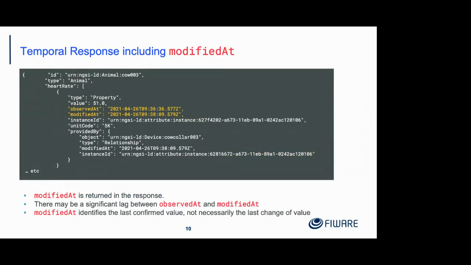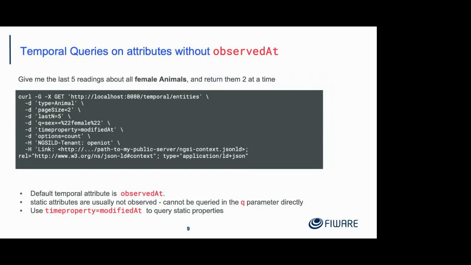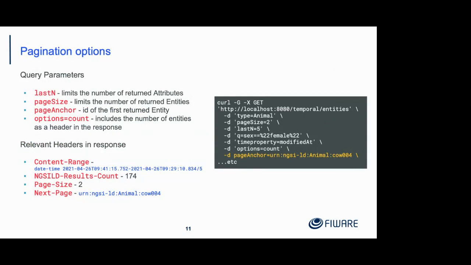If I put in that particular query, the one I did beforehand, which was give me all cows, it will return various headers in the response, and it uses, again, the HTTP standard content range to say I have got data from 9 o'clock in the morning on the 26th of April to 20 minutes later or whatever it is. And that will explain what last n actually meant.